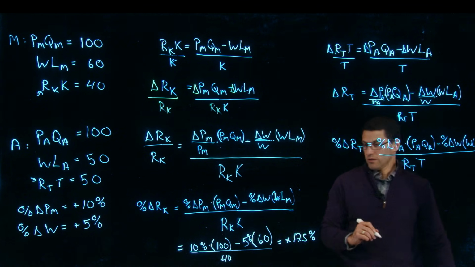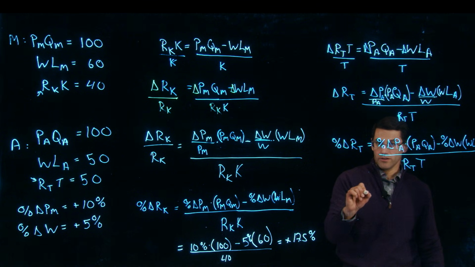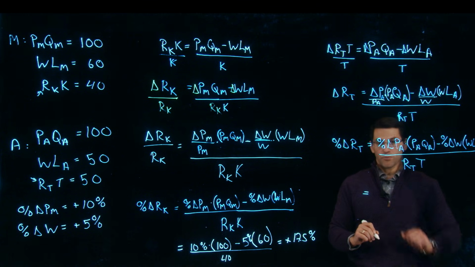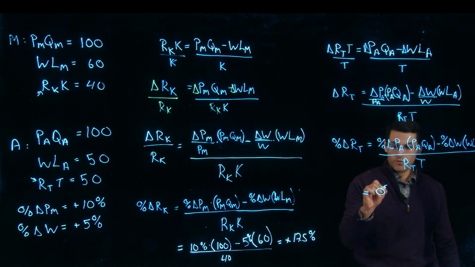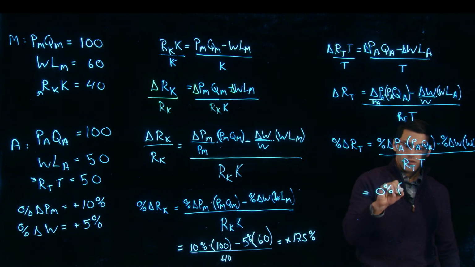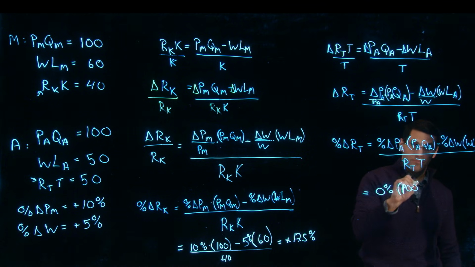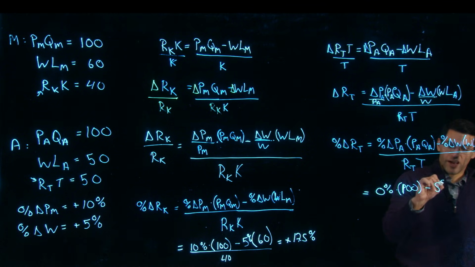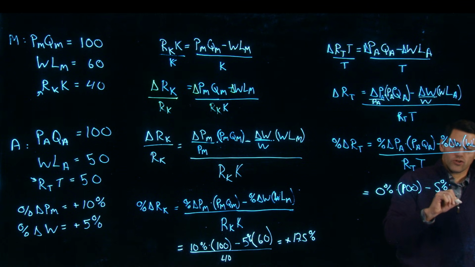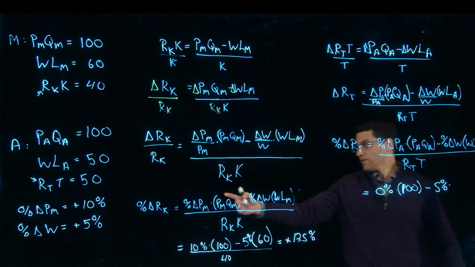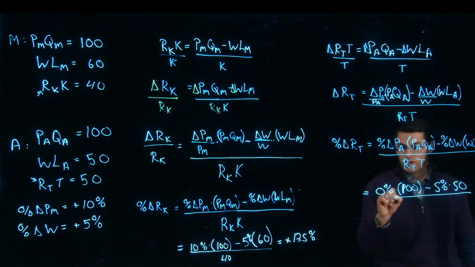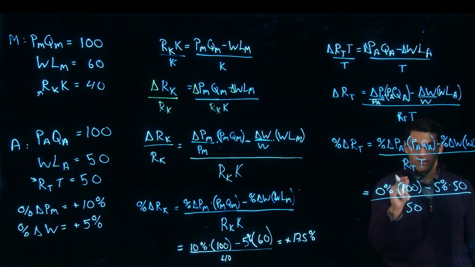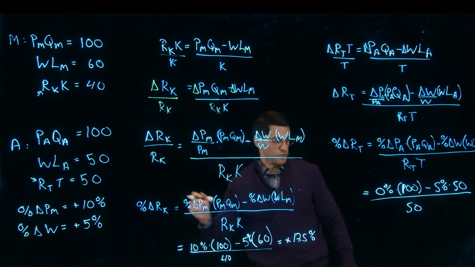For the rental rate on land, well, what's the percent change in price of agricultural goods? To keep things simple, we held that at 0, right? No change, times the 100 minus the 5% change in the wage times 50 for the payments to labor divided by payments to land, which are 50.